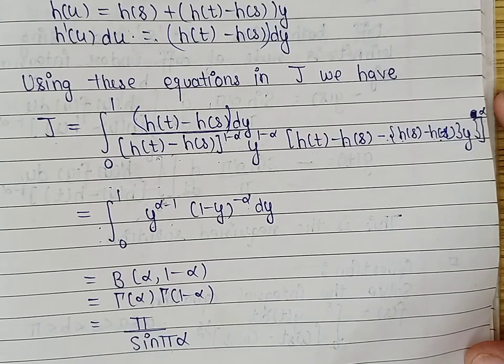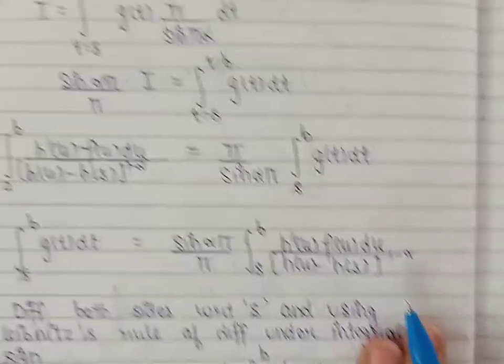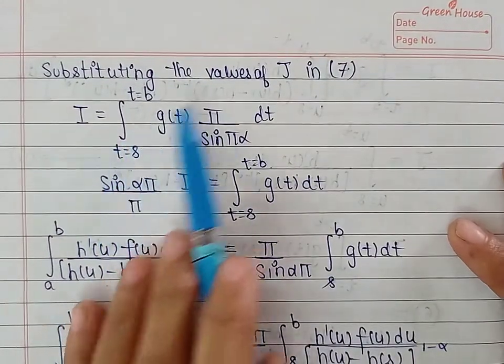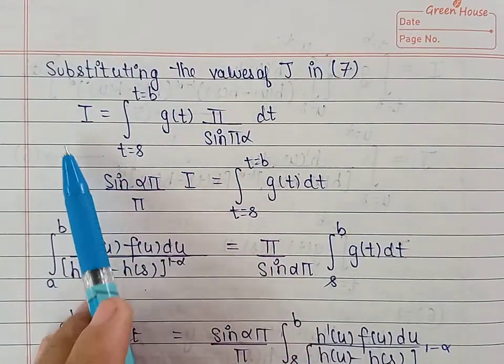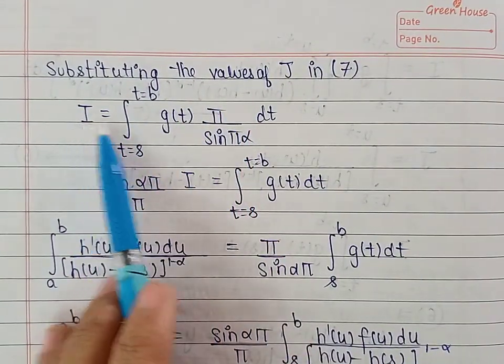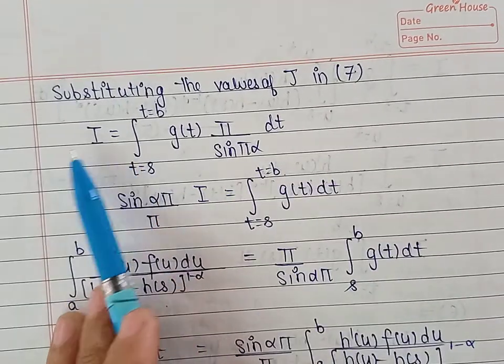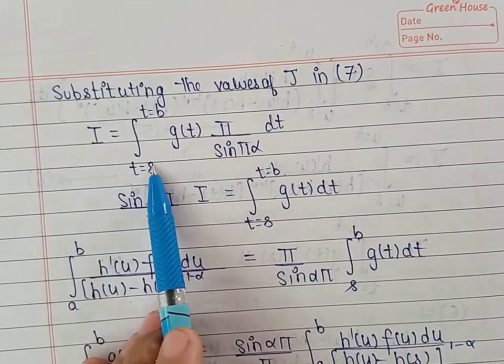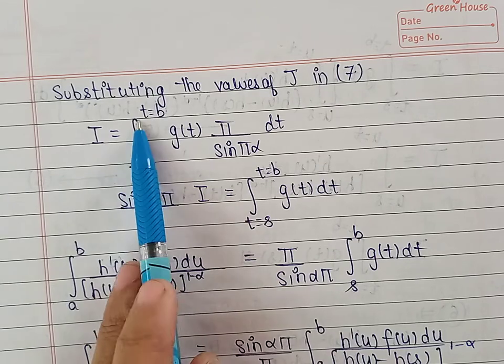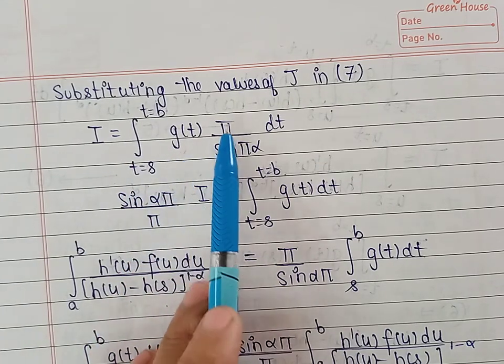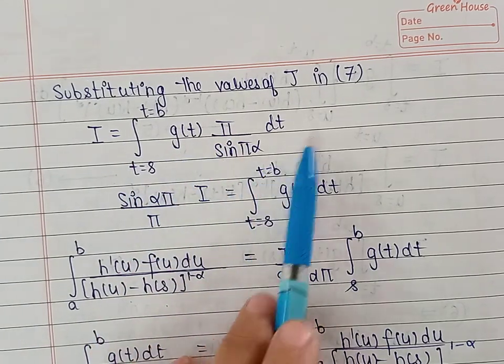Now substituting the value of integral J in the integral I, we get I = integral from t = s to t = b of g(t) into pi upon sin(pi alpha) dt.